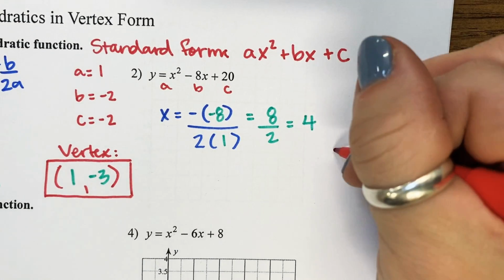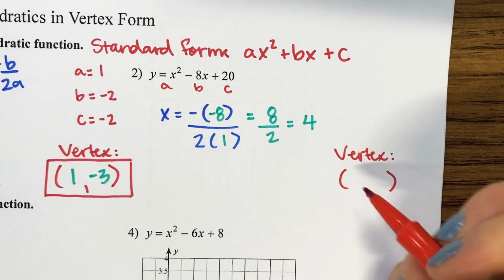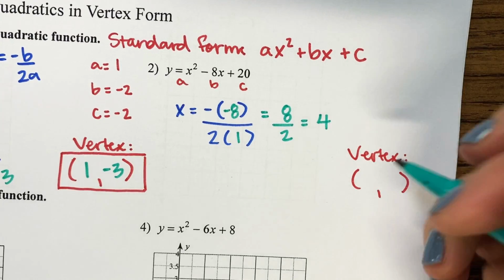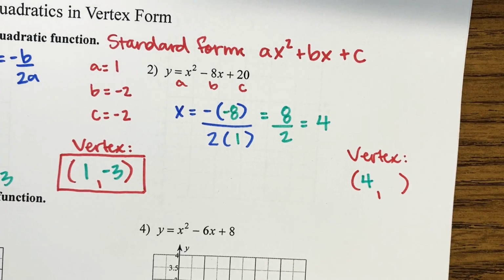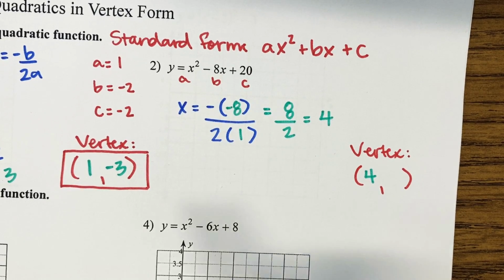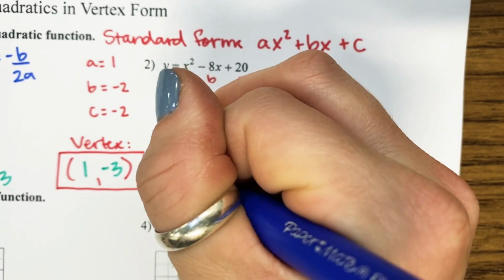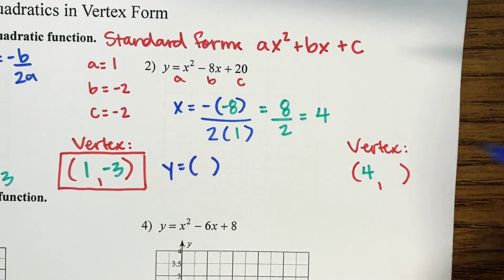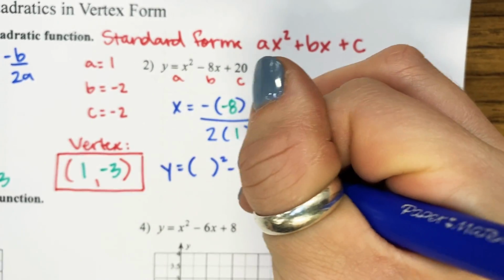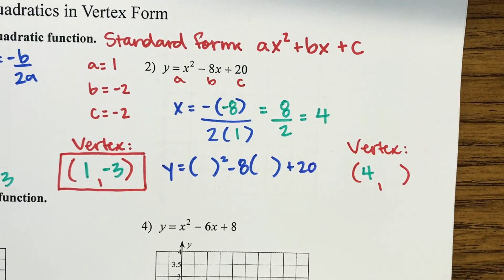So we know for our vertex, the x part is 4. Now let's use that x part to plug it in and solve for y. So now I have y is equal to x squared minus 8x plus 20.